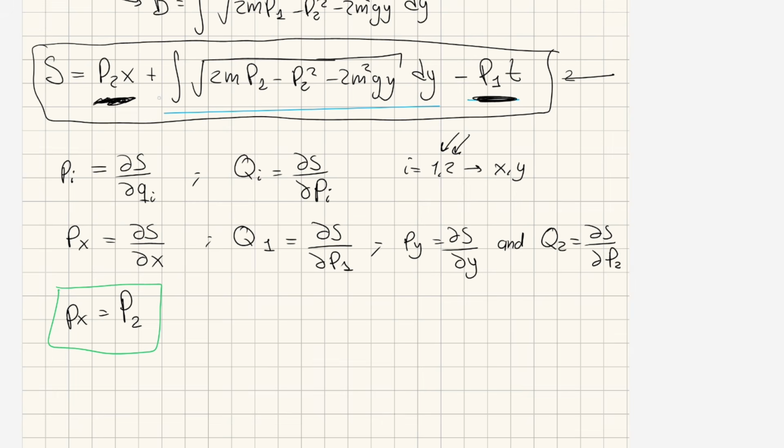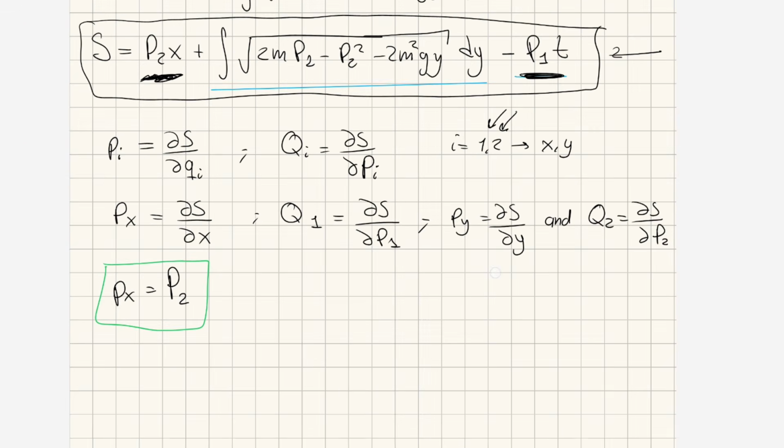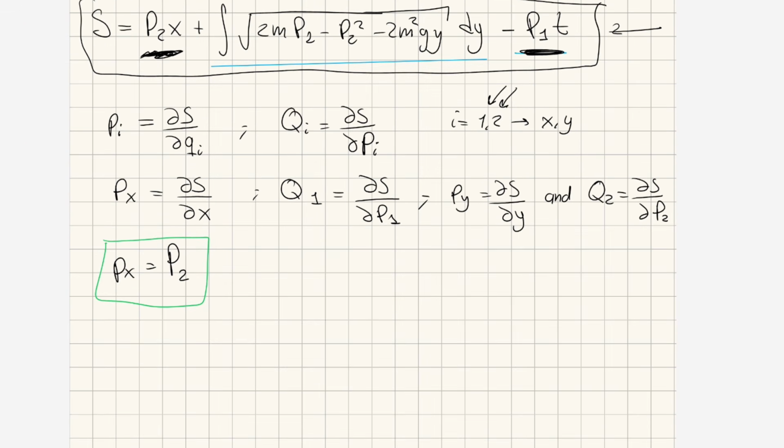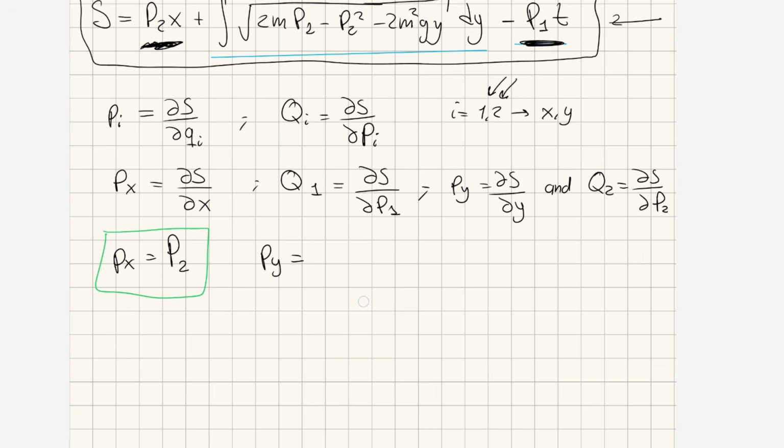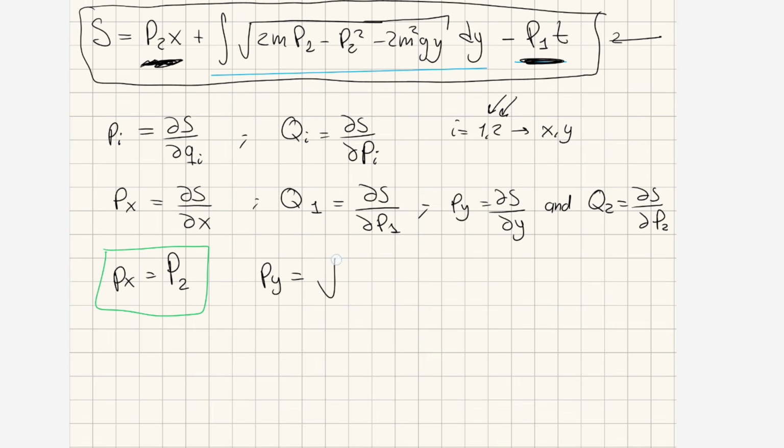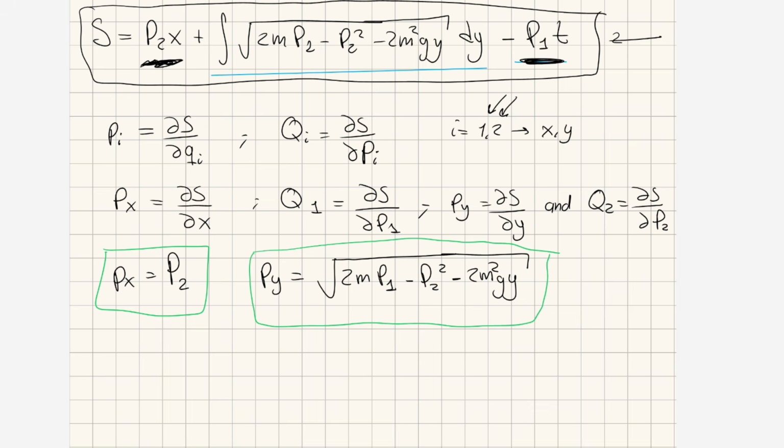Looking that we are taking the derivative of an integral, since they are inverse operators, we are just going to cancel the integral. So py is going to be equal to what is inside the integral, that is, the square root of 2m p1 minus p2 squared minus 2m squared gy. Perfect. So this will be the value of little py.